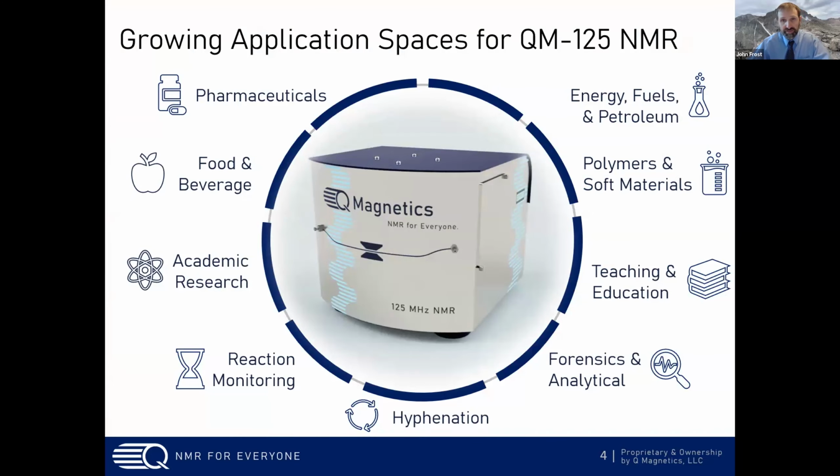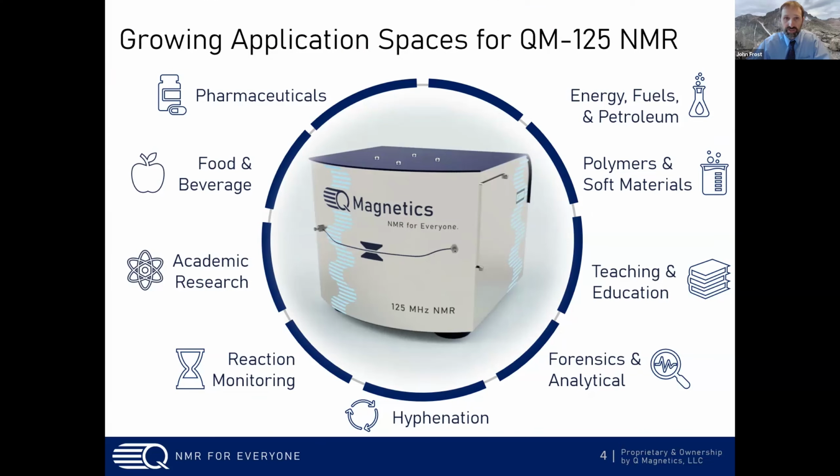In this application space, NMR is, as we all know, a very, very powerful analytical technique. And essentially, if you have a measurable nucleus, you have a potential application. And we've seen that particular application space for benchtop NMR grow and grow as the instruments have become more powerful over the last 15 years.